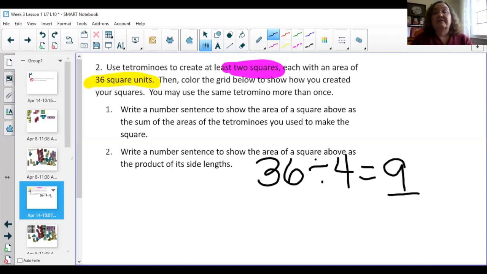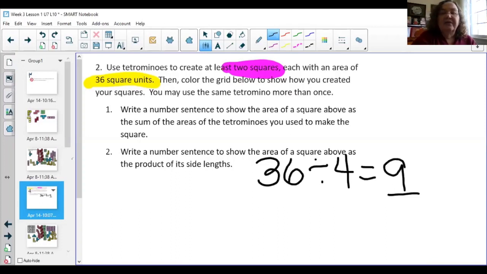I can think of 2 times 2, but that's 4. 3 times 3 is 9. 4 times 4 is 16. 5 times 5 is 25. 6 times 6 is 36.